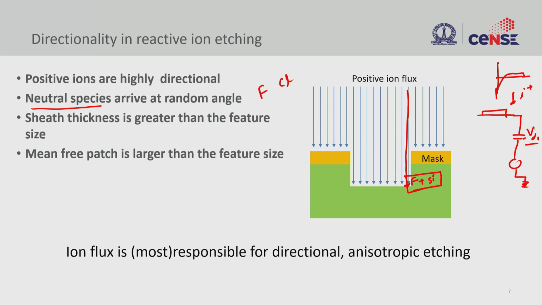Is by only creating those access points where you encounter the fluorine atom with these positive ions only on this surface, not on the sidewall, because fluorine is also present on the sidewall, but you don't want positive ions to go onto the sidewall, which will enable this reaction. Okay, so you want all the positive ions to be very directional.